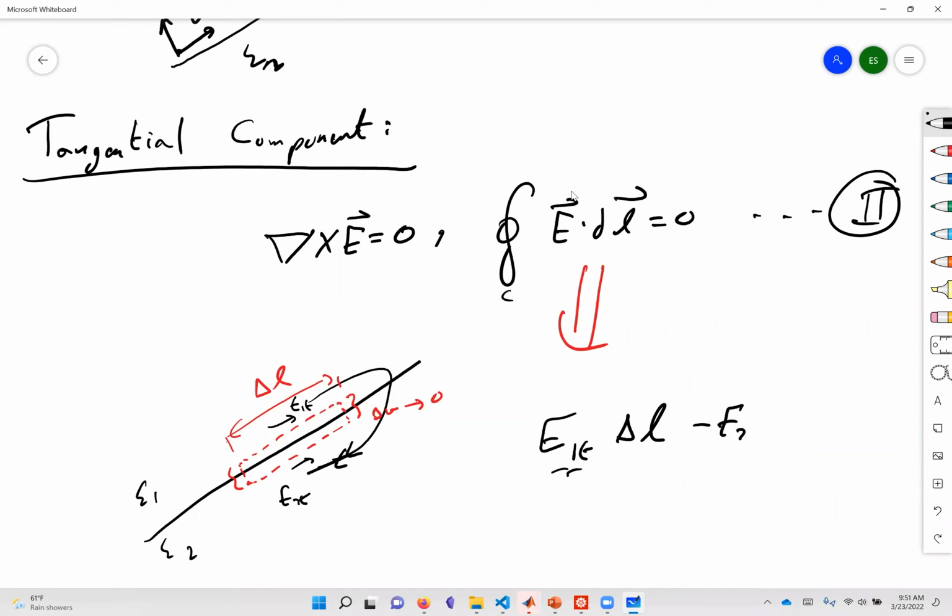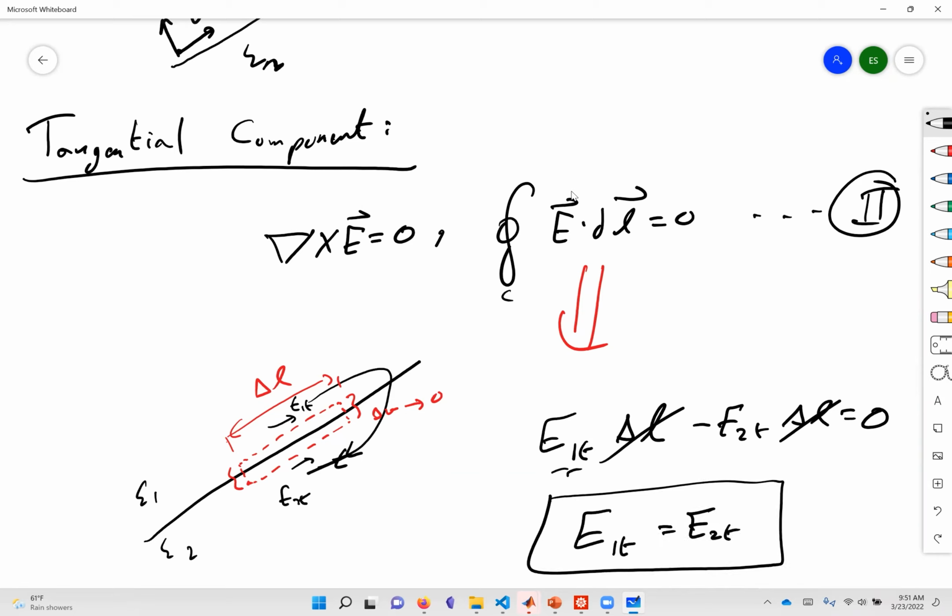It's going to be minus E2T delta L equals 0. I can divide out delta L, so I end up with the result that E1T equals E2T. The tangential component of the electrical field intensity is continuous across the interface.